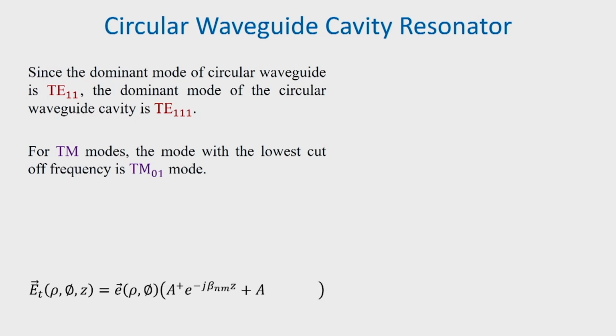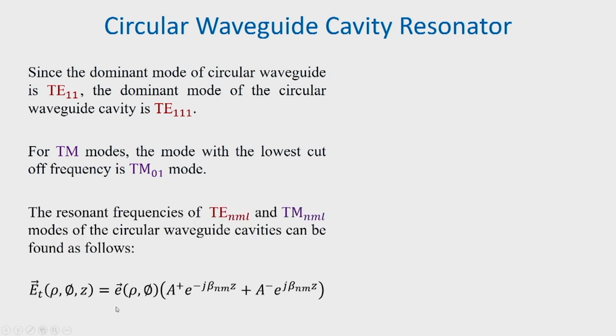Now, we can write the tangential component of the electric field in the same manner in terms of the transverse coordinates rho and phi, and also a wave travelling along plus z and minus z, and we use this to find out the resonant frequencies for the TE nml and TM nml modes of the circular waveguide.